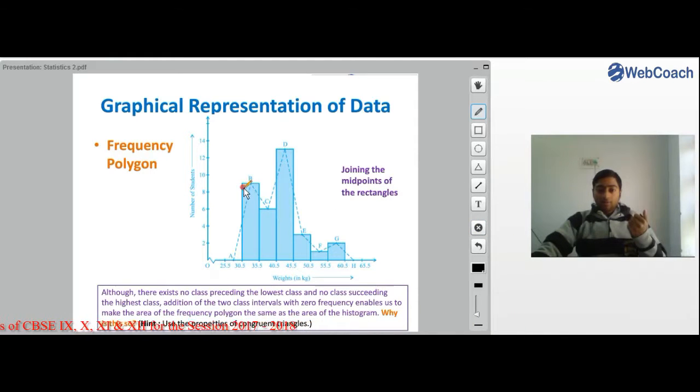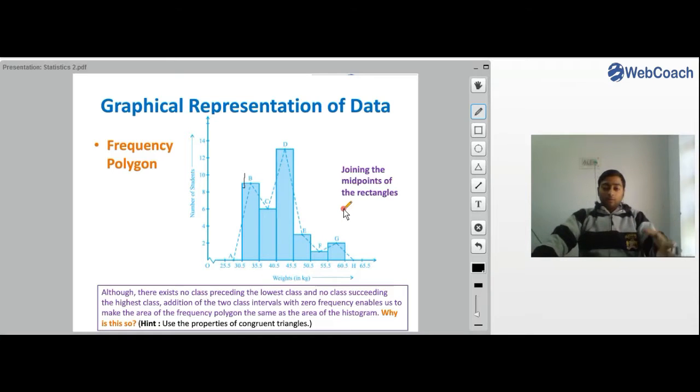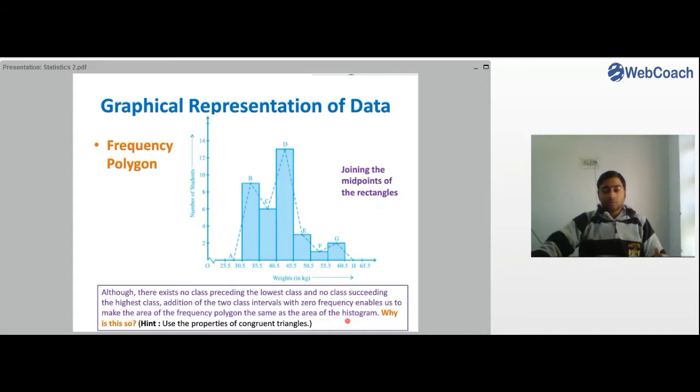Why? Because we wanted to add up this part which was being left off the frequency polygon, right? So this is why frequency polygons have the same area as that of the histogram. And now you know how to draw the frequency polygon if you can draw the histogram. And obviously frequency polygons are also drawn for continuous data.